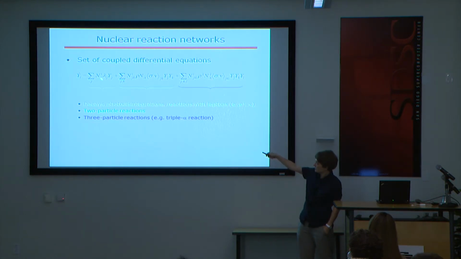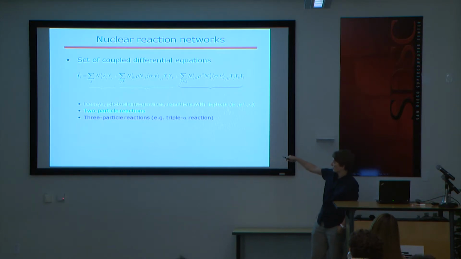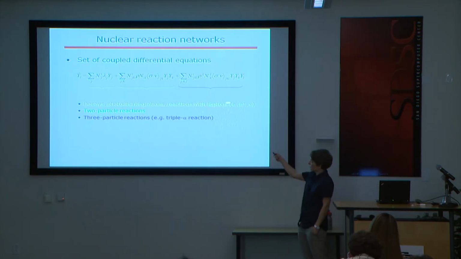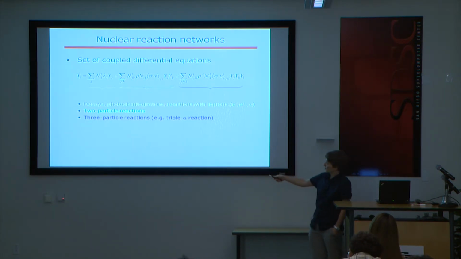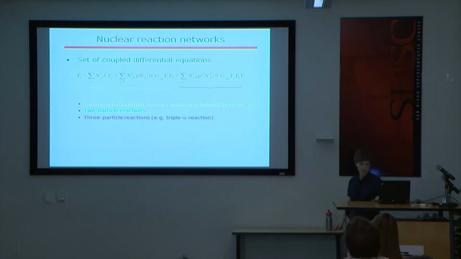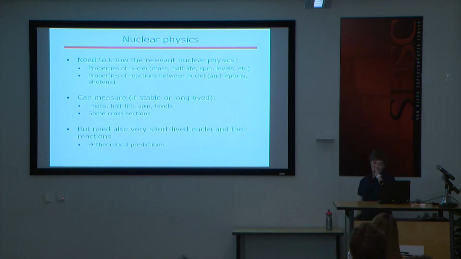They go into these decay rates, in quotes, for photodisintegration reactions and reactions with leptons and neutrinos. But the other piece we need, if we want to solve these equations, is the nuclear part. So we need half-lives for beta decays. We need cross-sections that go into here. So we need to know the nuclear physics.